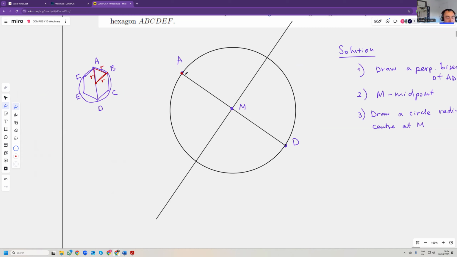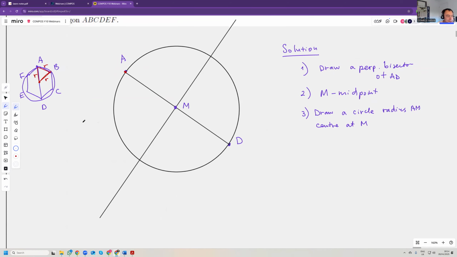So we draw a circle of the same radius from point A. Step 4. Draw a circle of the same radius from point A.